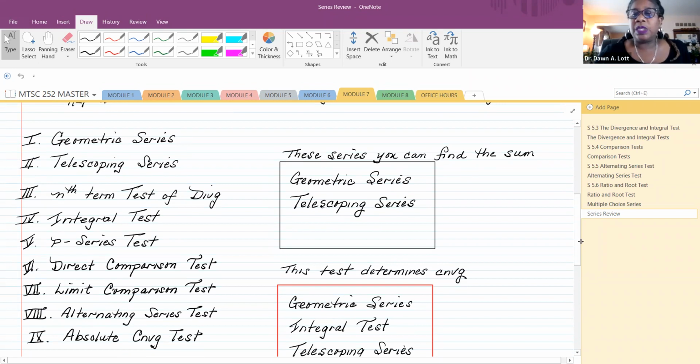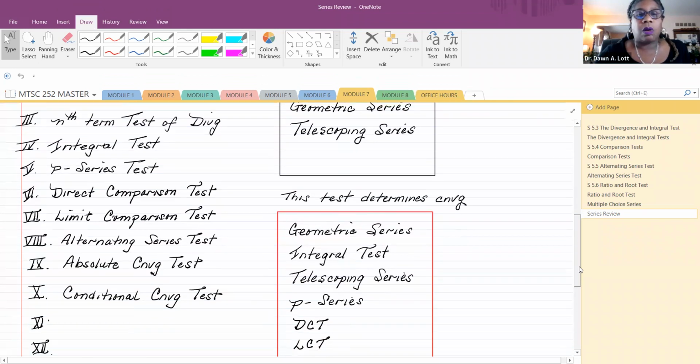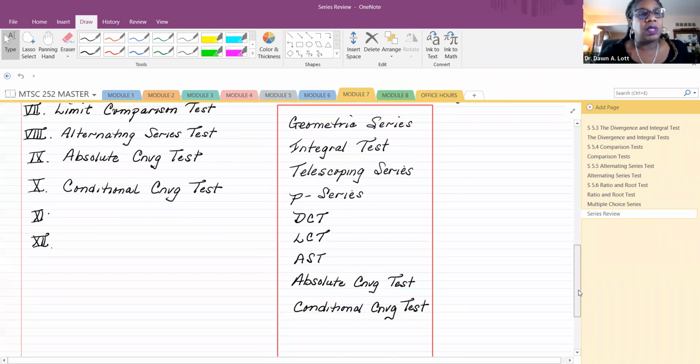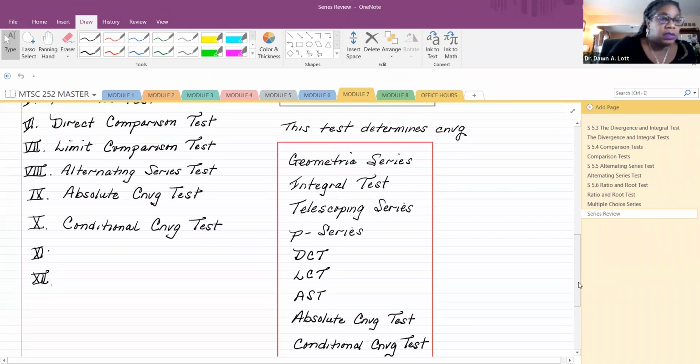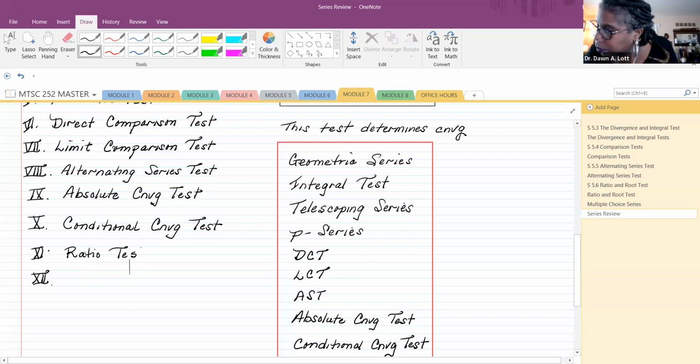And then all the rest of these tests, and I think I left space for the last two that we did, which were the ratio test and the root test.